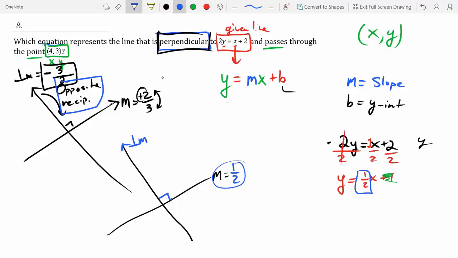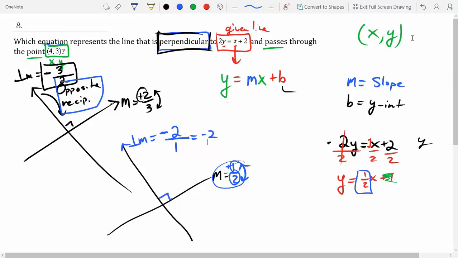It's going to have a slope of, well, this one is positive, so this one's got to be the opposite sign, negative. And this one was 1/2, so this one needs to be that flipped. That 2's got to go on top, and that 1's got to go on the bottom. You could simplify that fraction as just -2, but why don't we just leave it as -2/1? Couldn't hurt. We can always revert back to -2 if we need.